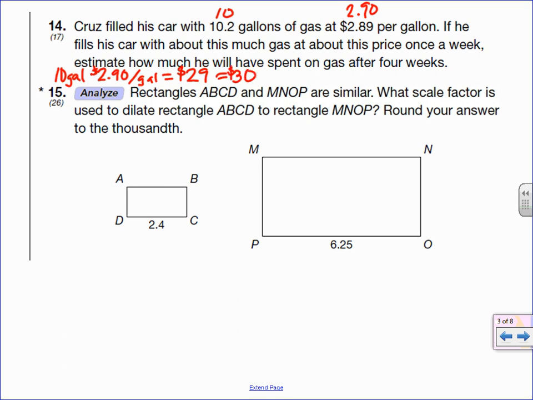And then I'd take $30 per week and then times 4 weeks. 30 times 4 would be $120. So again, if you would have rounded this to 30, it would have been the same thing.